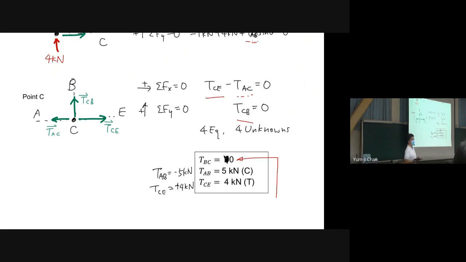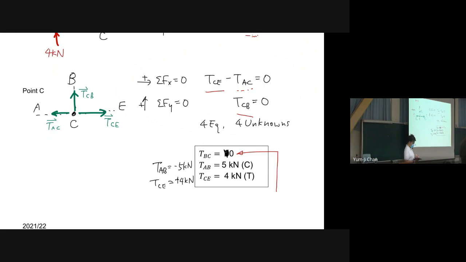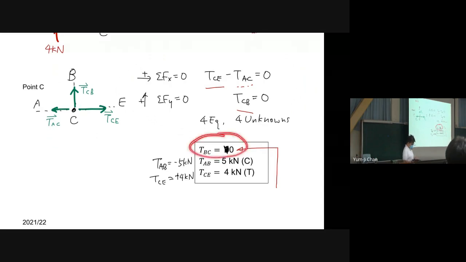Before we take a break, let me talk about this thing. Here it shows that TBC is equal to 0. In the textbook, it is called a zero force member.